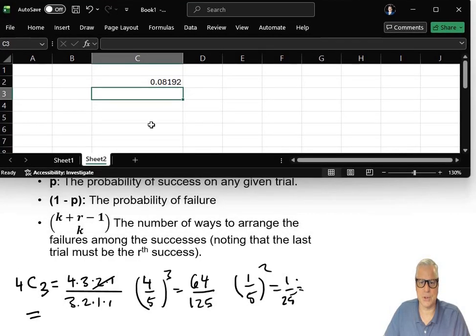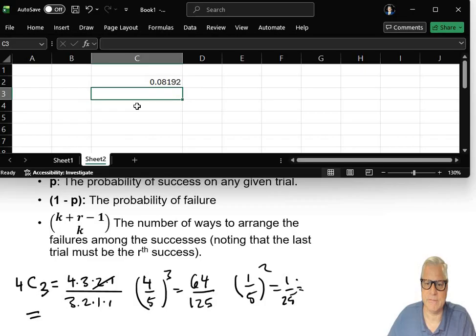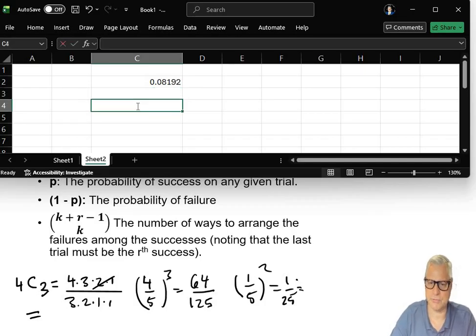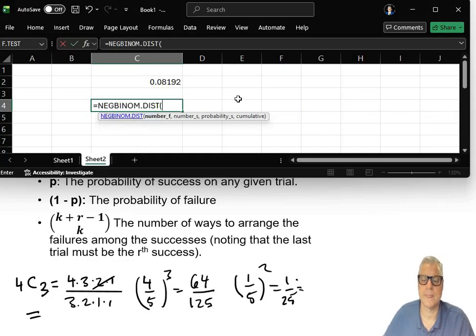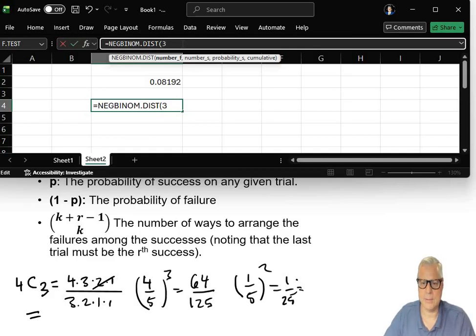Let's double check whether this is also the formula that Excel would give us. In Excel we start with NEG, and there's already the negative binomial distribution. That's pretty straightforward. The number of failures, 3. Then, comma, the number of successes, 2.